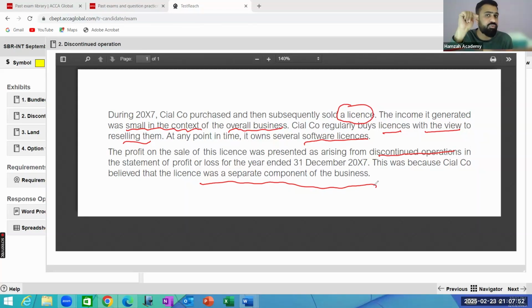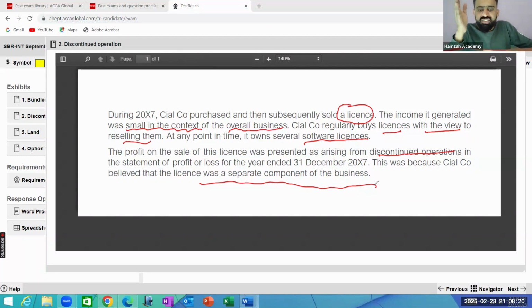You are acquiring a license with the view of resale, but the question is whether the license is a business. No, a license is not a business. It is your ordinary activity that you purchase the license, you purchase the software, and then you sell the software. So it is part of your normal trading. A license is not your business. It's not your major product line.